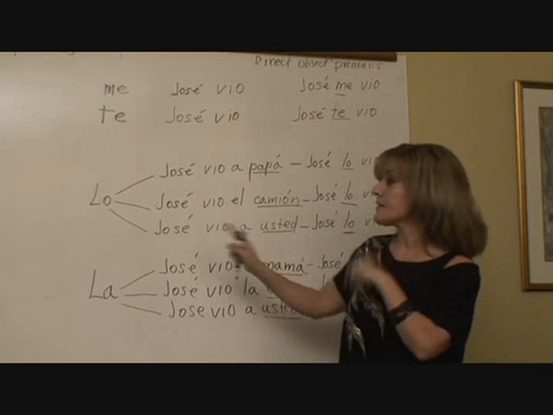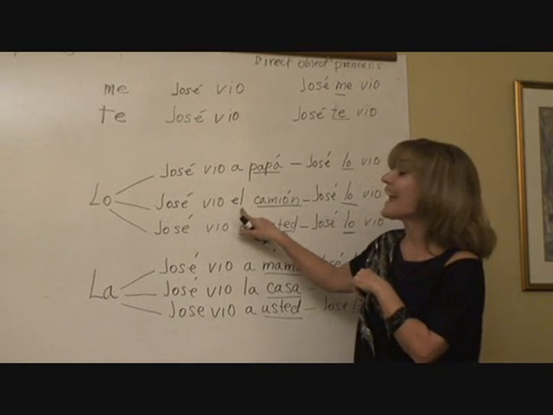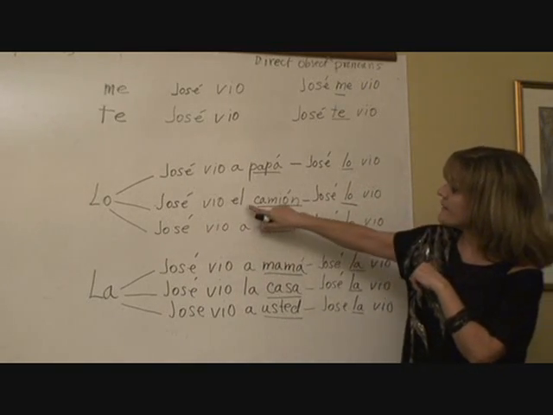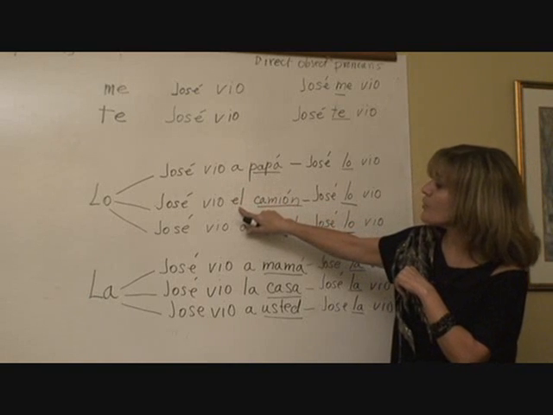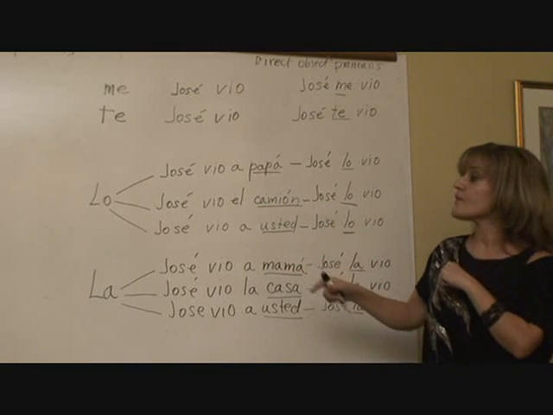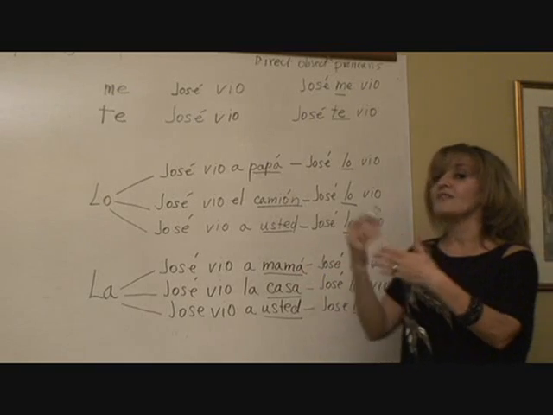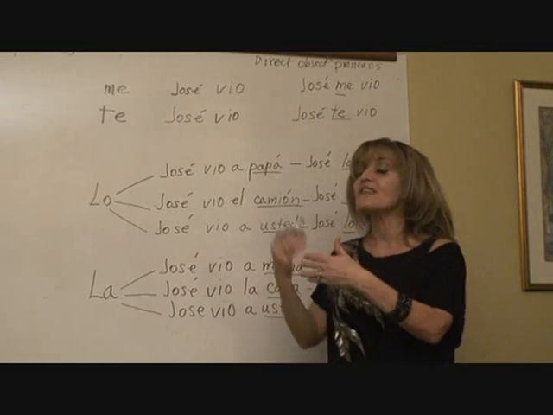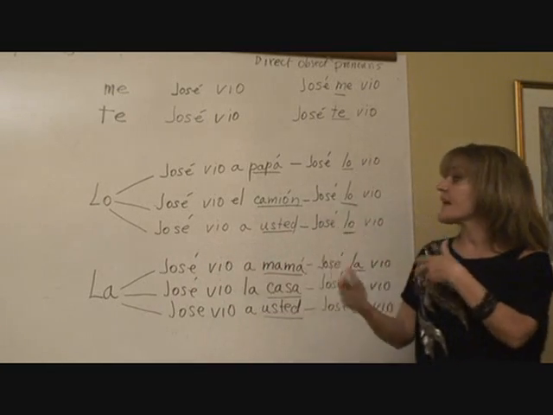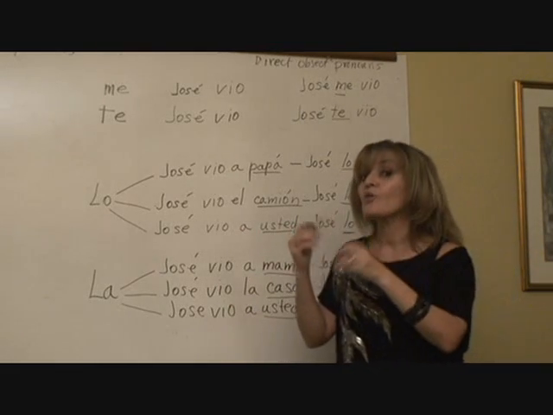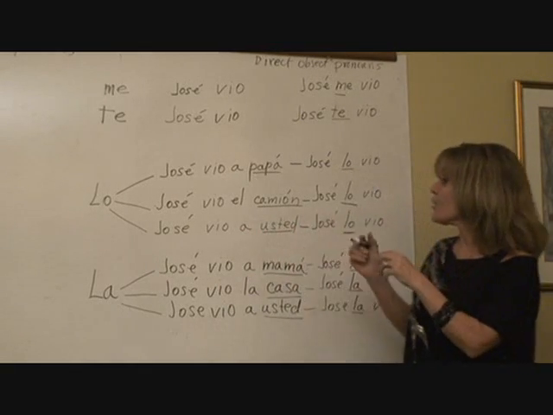Let's take the it. José vio el camión. Do you see that there isn't a personal a before camión? Because camión is a thing, of course. So, José saw what? José saw the truck. José vio qué? José vio el camión.